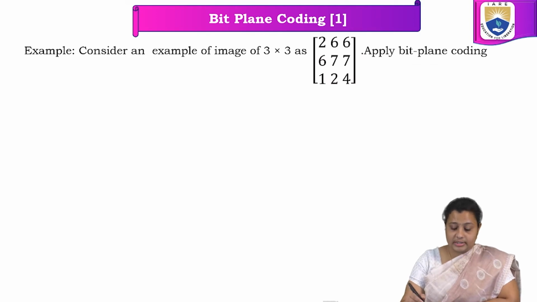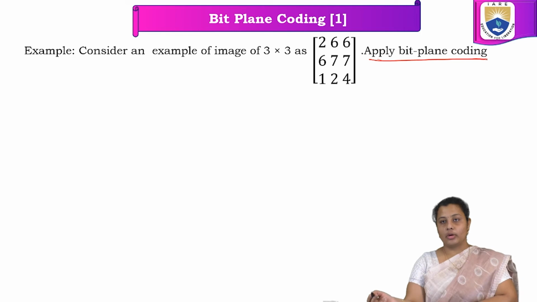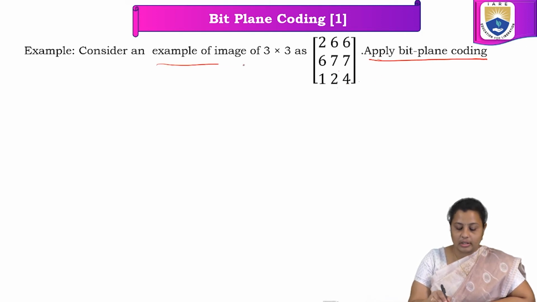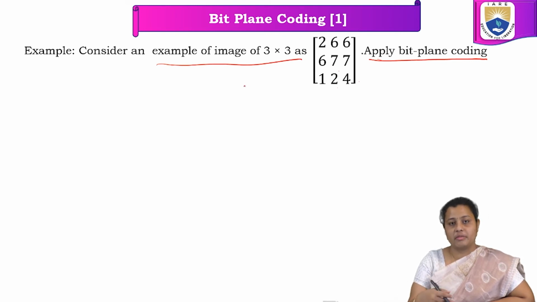Now let's see this example. We will apply bit plane coding. We have 2, 6, 6, 6, 7, 7, 1, 2, 4. How many bits do we require? Since it is not specified whether it is 3-bit, 4-bit or 5-bit, we take 7 as the maximum value. How many bits do we require to represent the value 7?